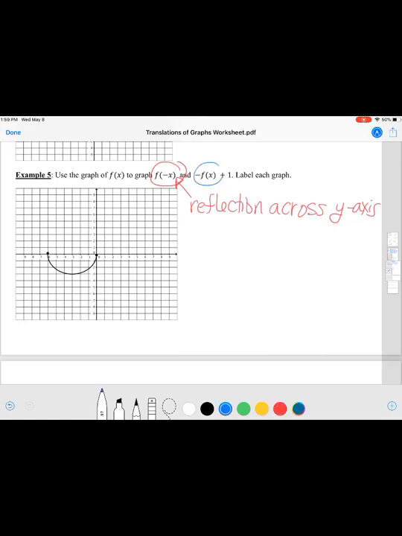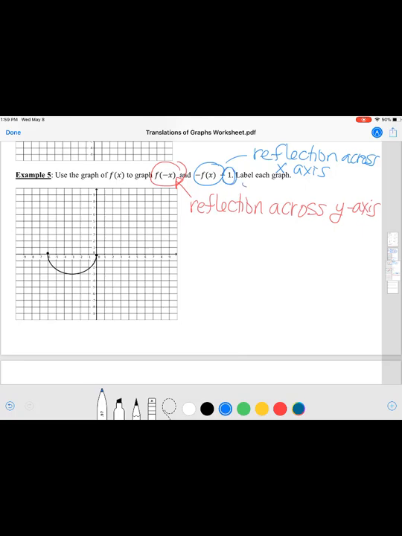For this one here, this is going to be a reflection across the x-axis because you're switching all your y values. When you switch all the signs of your y values, then it gets flipped across the x-axis.